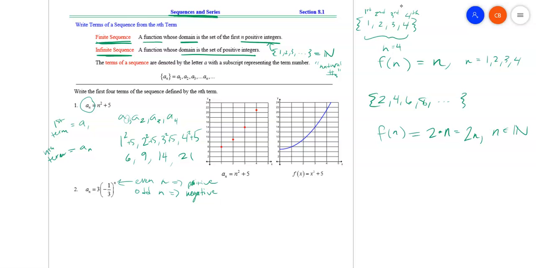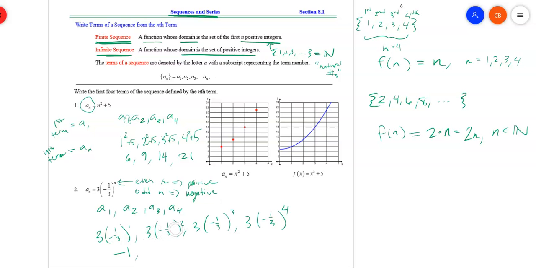We'll just get the first four terms and then we'll talk about what this means. But if we go a1, a2, a3, a4, those are the ones that we want to find. And then we're plugging in different numbers for n. So it's going 3 times negative 1/3 to the first power, and then 3 times negative 1/3 squared, 3 times negative 1/3 cubed, and then 3 times negative 1/3 to the fourth power. Here this is going to go 3 times negative 1/3 is just negative 1.